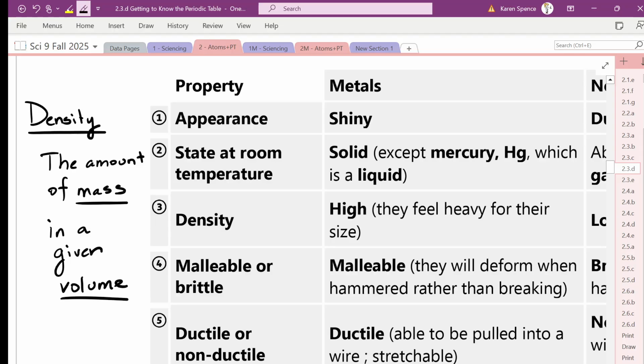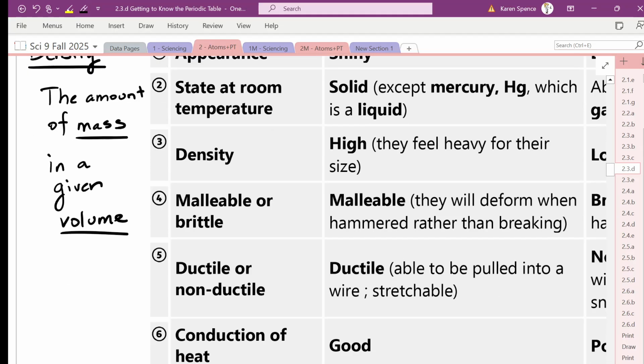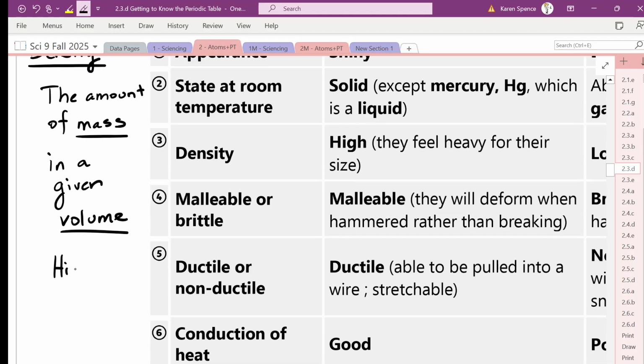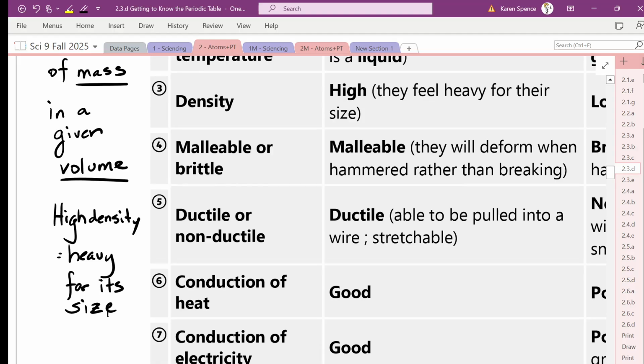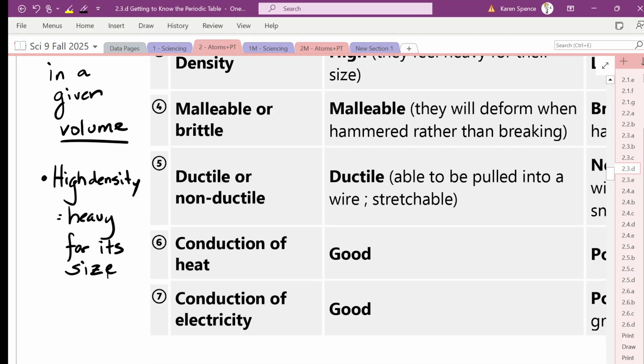So if something is high density, it is heavy for its size. What can we say about something that is low density? Light. It's light for its size, absolutely, yes.